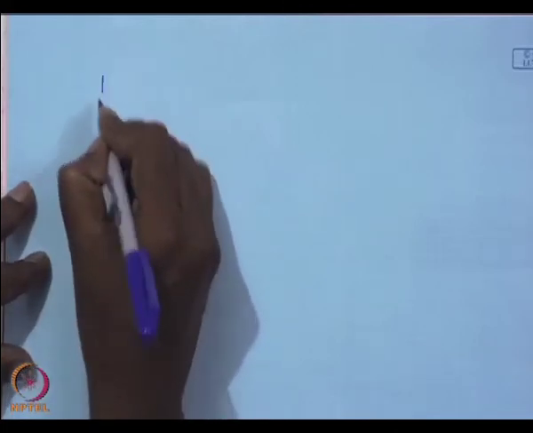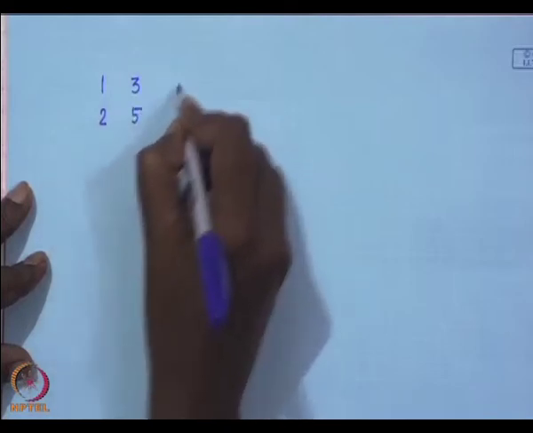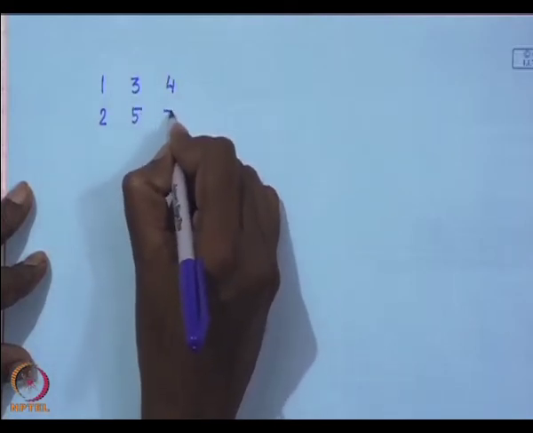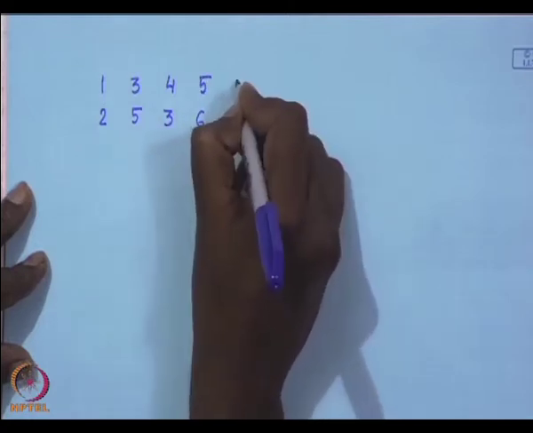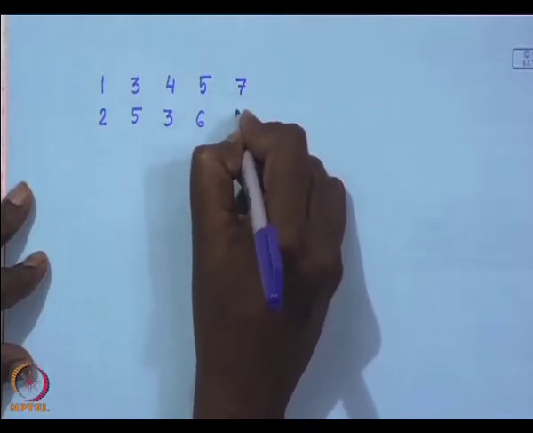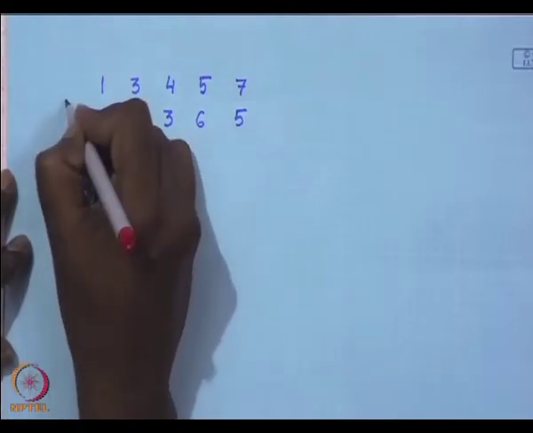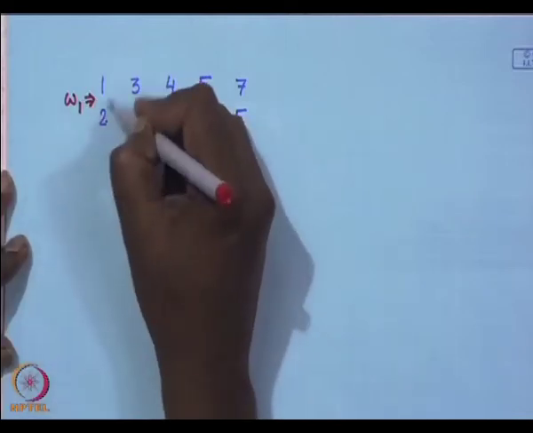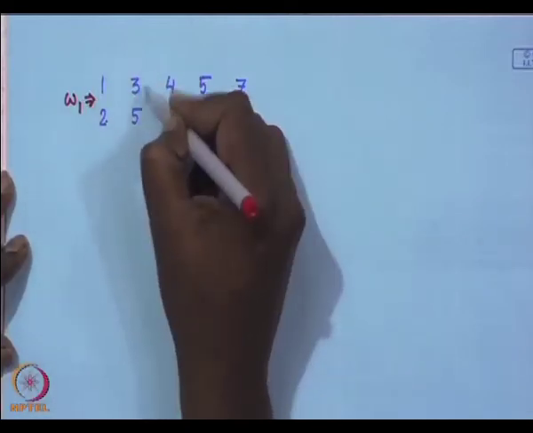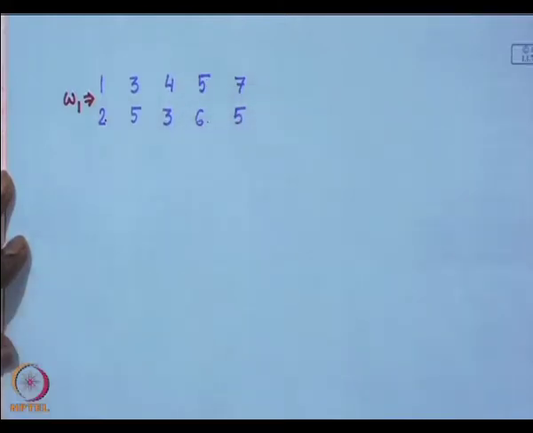From class omega 1, the feature vectors we have taken are (1, 2), (3, 5), (4, 3), (5, 6), and (7, 5). So, each of them is a two dimensional vector. 1 2 is a vector, 3 5 is a vector, 4 3 is a vector, 5 6 is a vector and 7 5 is a vector.